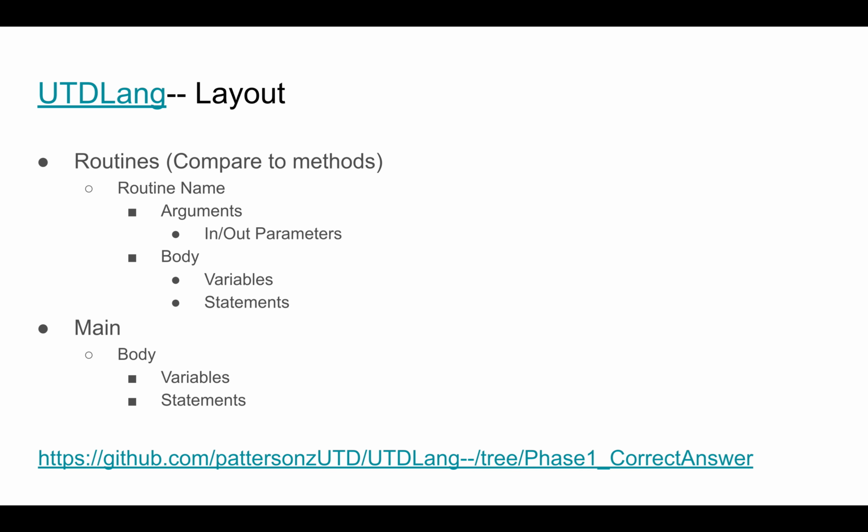The routines in this language don't have return values; the output parameters are basically the returns. Then it has the body part, which contains a list of variables and a list of statements. We also have a main routine, a main method, which has a body that contains a list of variables and statements.